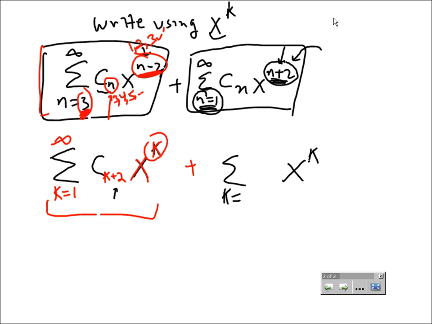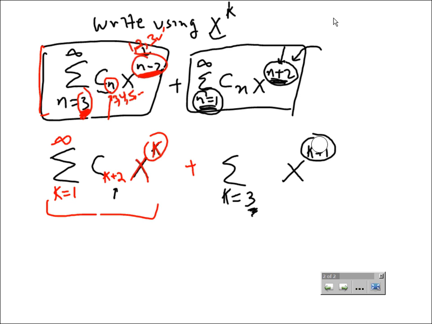I want that power, whether I call it k, or k plus 7, or Harvey, to start with 3. Well, what should k be so that power is 3? The answer is 3. If this power happened to be k plus 1, and I want it to be 3, I would have put 2 there. I let k start with 2.